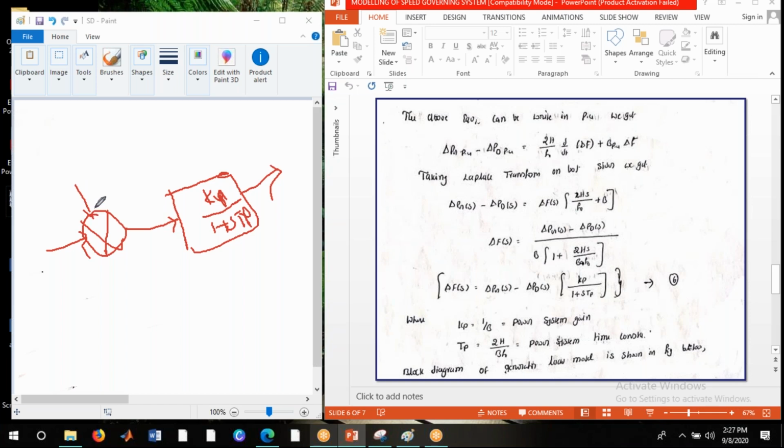Delta Pd of s is a negative value, and from here delta Pg of s, and it is delta f of s. Now, by using equation 6, I am going to draw the whole block diagram.